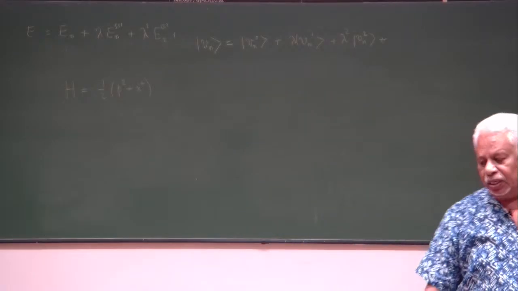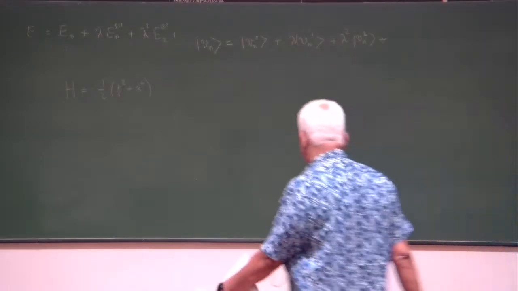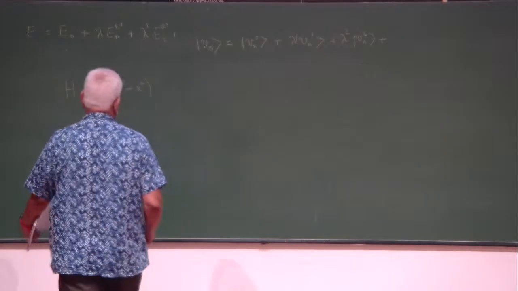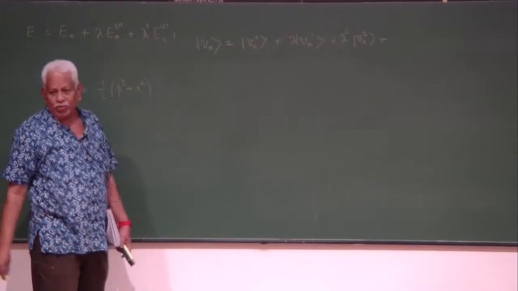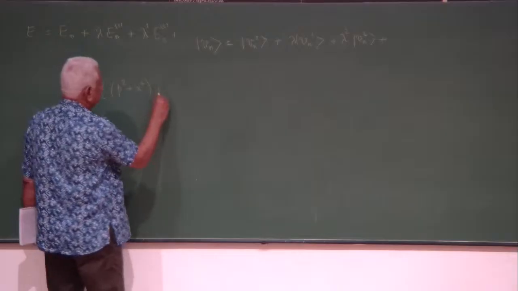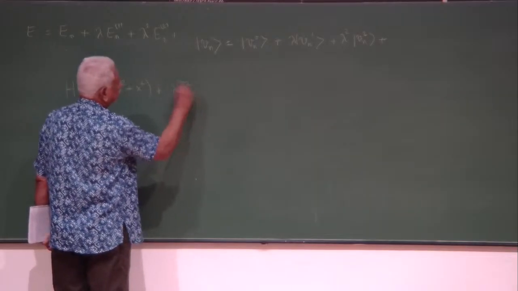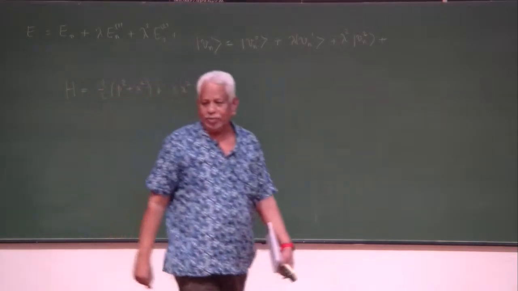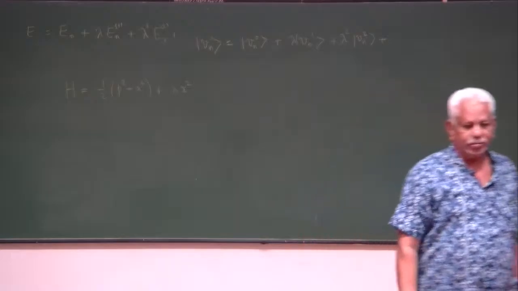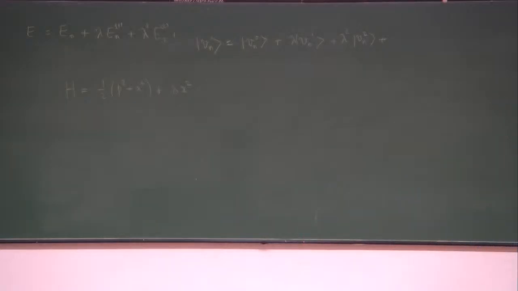Now that extra term which I add is not lambda x power 4, which is more complicated. I will write lambda x square. So can you solve this equation?